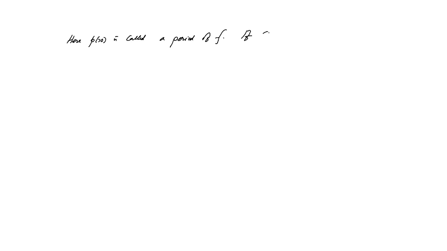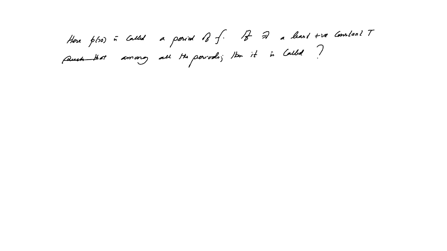If there exists a least positive constant among all the periods, like p, 2p, 3p, then it is called the fundamental period, or you can use the terminology primitive or basic period.